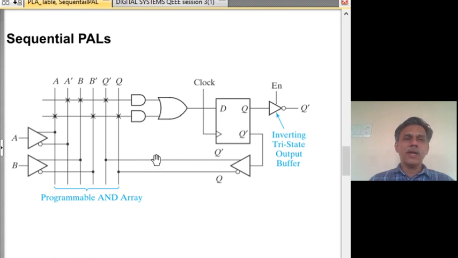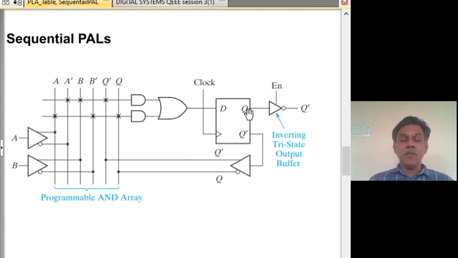And if you want to realize an FSM using this one, then the most important thing is the next state variable value has to be realized and given to the D input of the flip-flop. So, in general, the value of the next state variable will be a function of the input and the present state, that is A, B and Q.